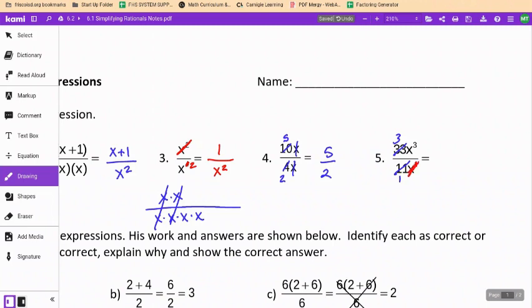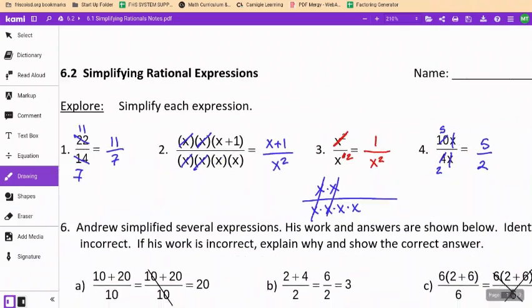So this x will cancel with one of those, which will leave us with x squared. So my final simplified rational or fraction is 3x squared divided by 1, which is just 3x squared, I mean. So I don't have to put divided by 1. If you wanted to, you could. Okay, and so that's just kind of the basics of simplifying.